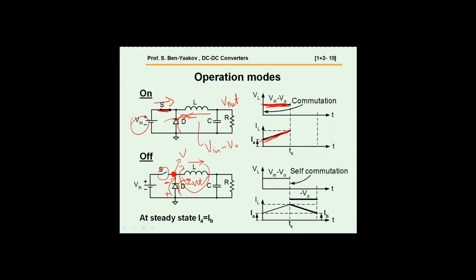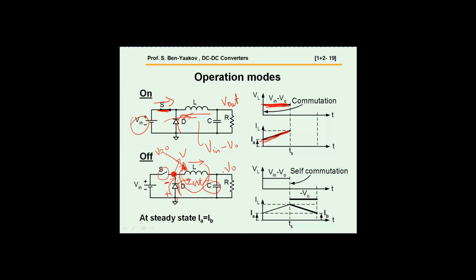Now, when the current is passing through the diode, neglecting the voltage drop on the diode, which is like 0.7 to 1 volt depending on the type of the diode, or 0.3 if it's a Schottky diode, we have now a situation in which at this point the voltage is approximately 0, while here it is, of course, still V-out because of the capacitor holding up the voltage.